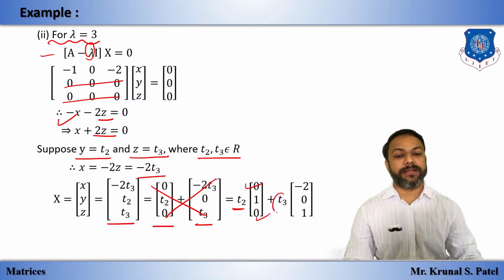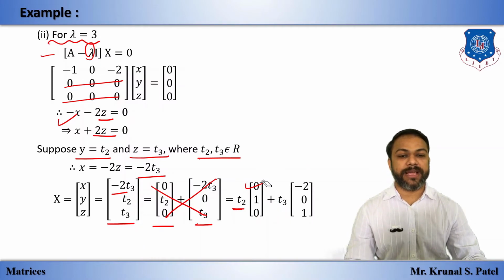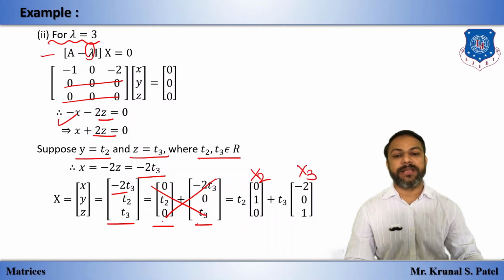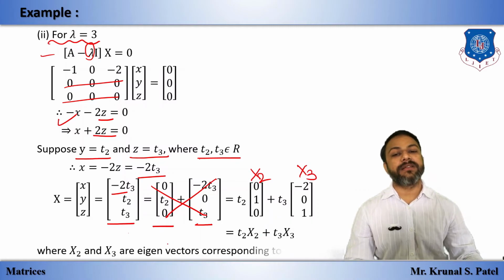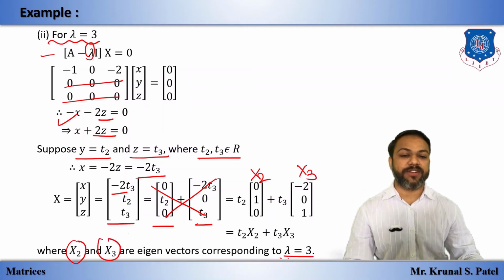If we take t3 outside, minus 2 t3 is not available in y, so 0, and the coefficient of t3 is 1, so minus 2, 0, 1. So now we have this capital X2 and this capital X3 as eigenvectors corresponding to lambda is equal to 3.